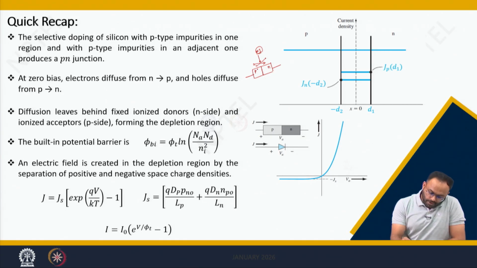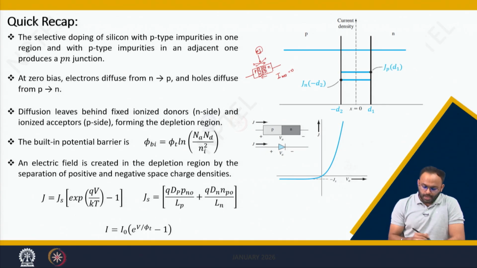When the holes leave the P side, they leave behind immobile ions. Similarly, when the electrons go from N to P side, they leave immobile positive ions, and hence there exists an internal built-in voltage or internal built-in field which causes the drift component.